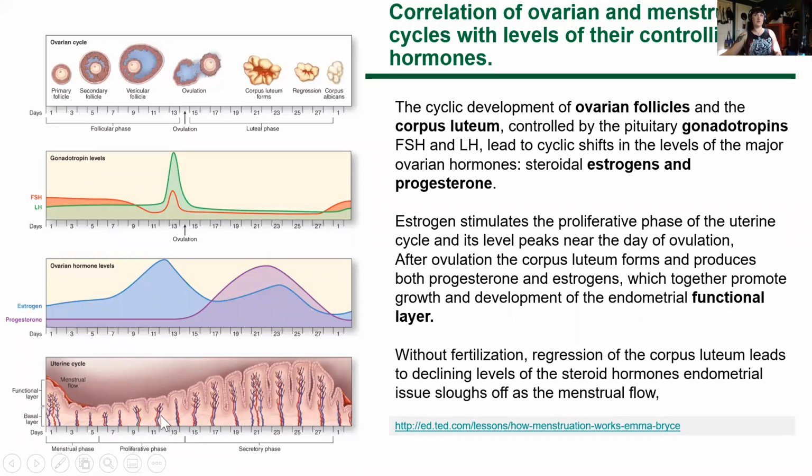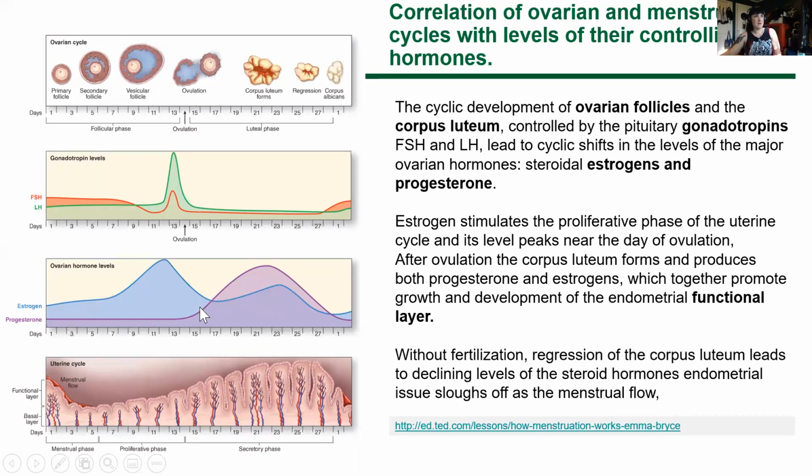The other thing that you don't see here is that estrogen has a permissive effect on progesterone. So what that means is also during the proliferative phase, estrogen is acting on these cells to cause them to express progesterone receptors. So estrogen causes the endometrial tissue to be extra super sensitive to progesterone later in the cycle.